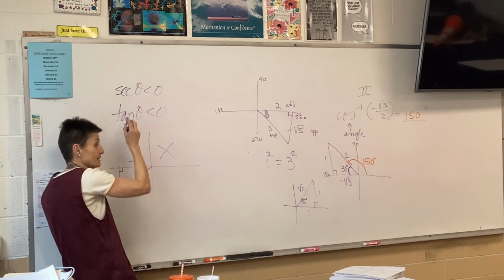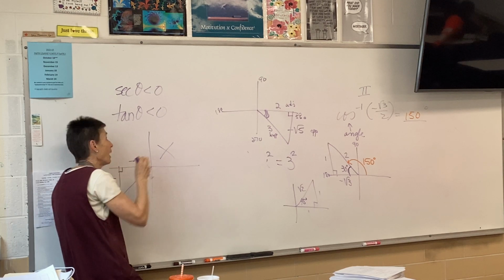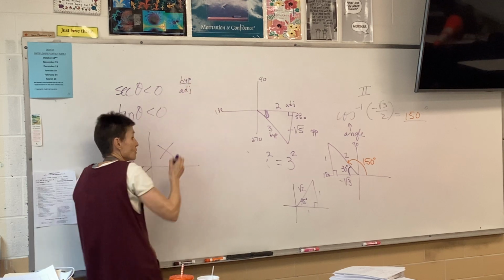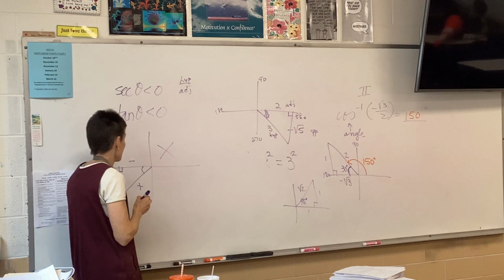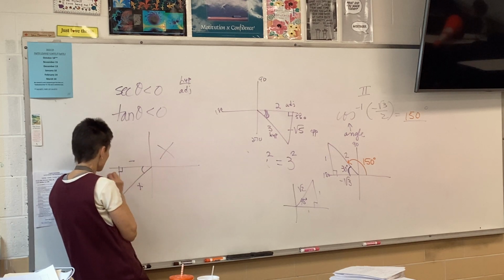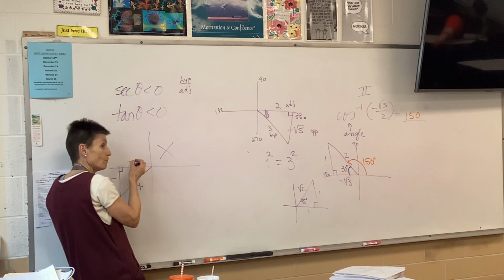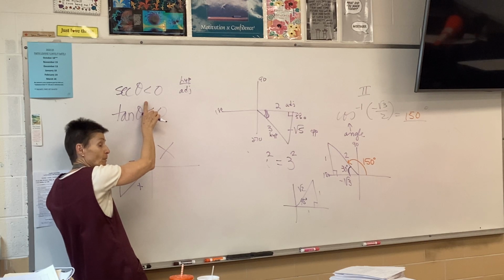I need secant. Secant is hypotenuse over adjacent, the reciprocal of cosine. So hypotenuse over adjacent would be positive over negative. Does that work? Yep. Okay.